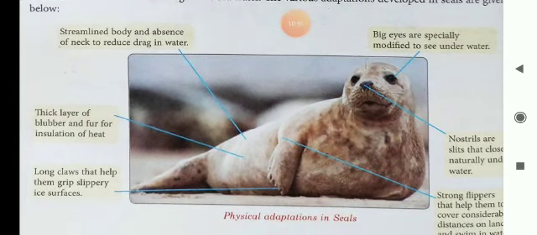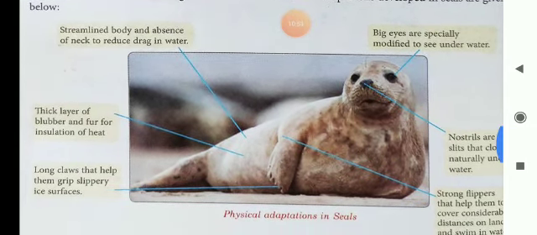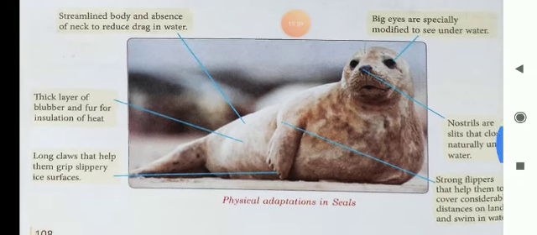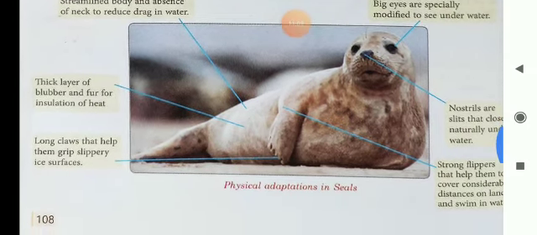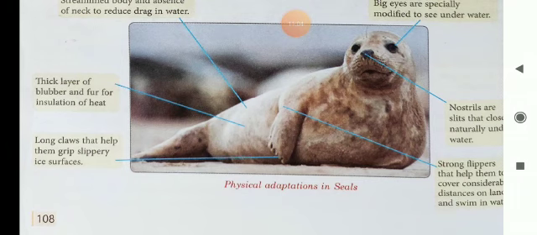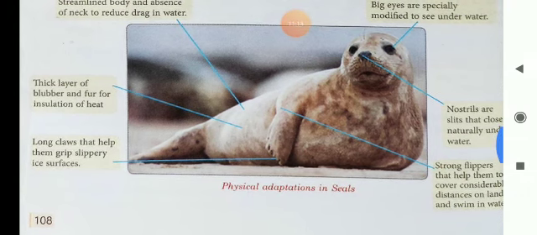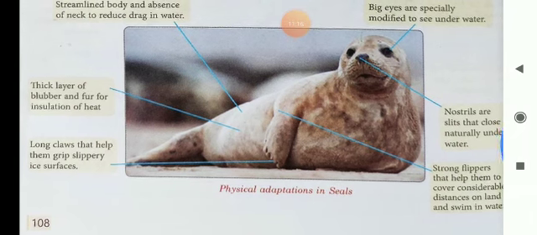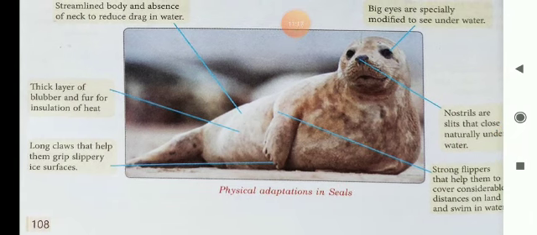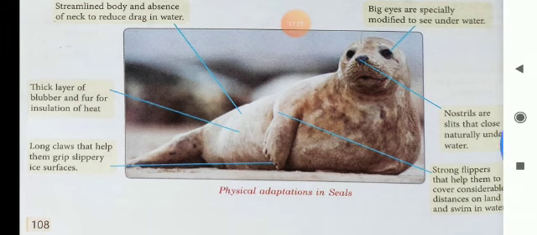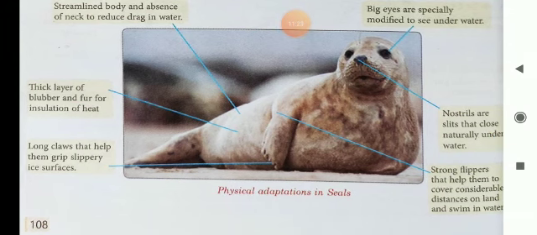The body is again streamlined and there is no neck, which reduces drag, the friction in water. Then the thick layer of blubber, again blubber is fat, and fur for insulation of heat. This is common in all three, the polar bear, penguin and seal. They all have a thick layer of blubber and fur for insulation of heat.